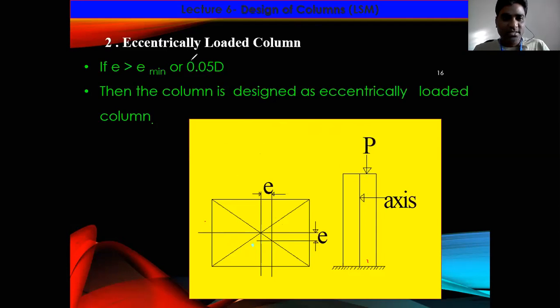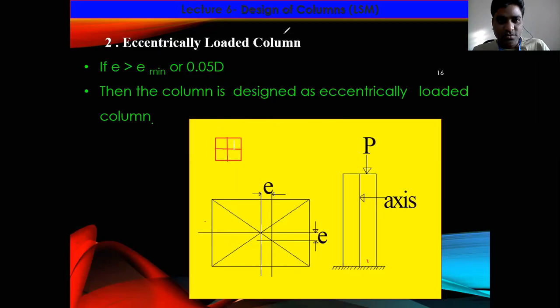Suppose you have a column section, and let us say this is your cross section. Then the load is acting somewhere else, here.